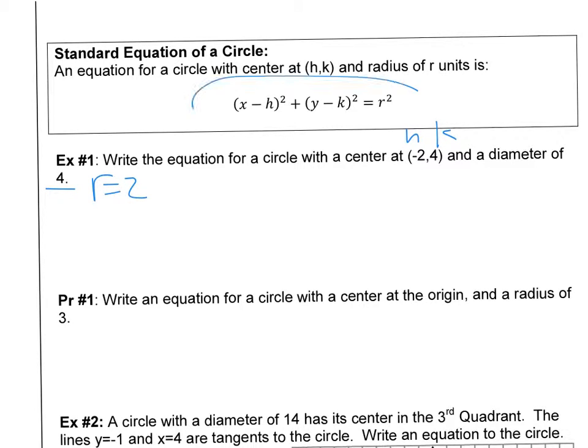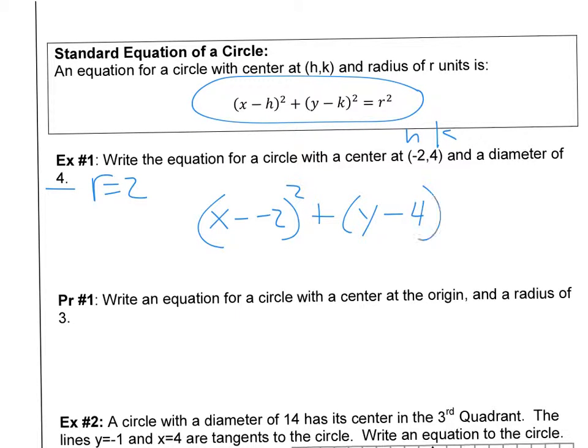Well, now we just plug it in and we're done. We're going to write x minus, what's the h value? -2, squared, plus y minus, what's the k value? It's 4, squared, equals, the radius is 2 squared.